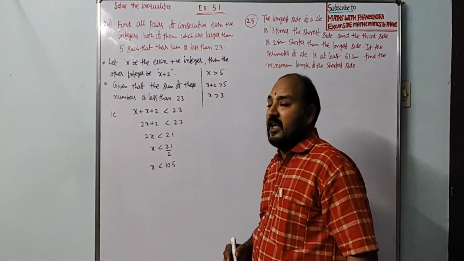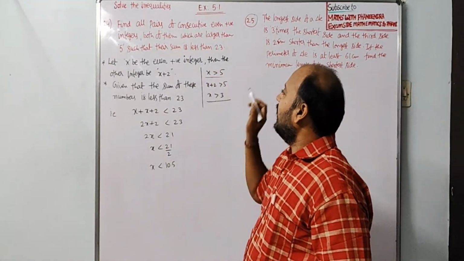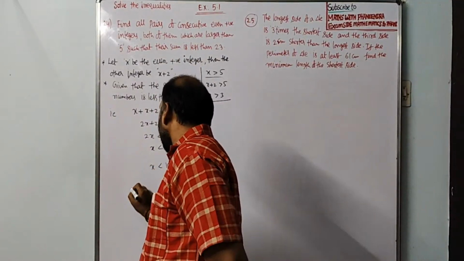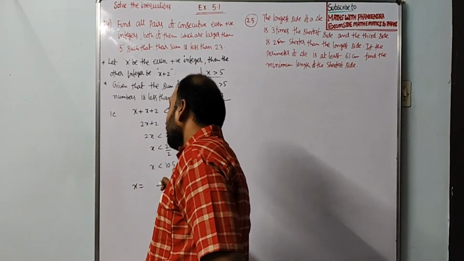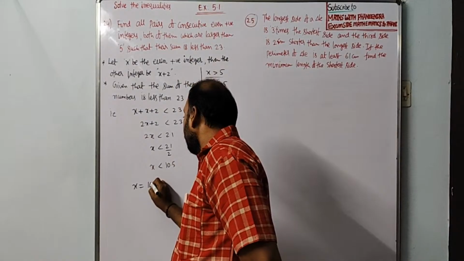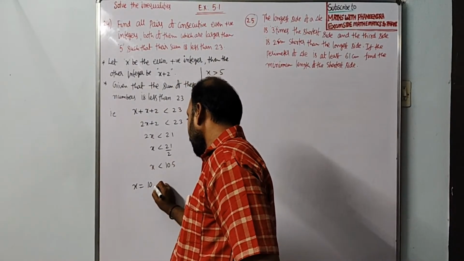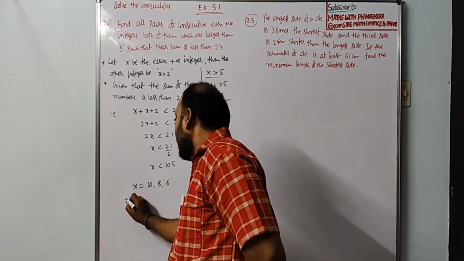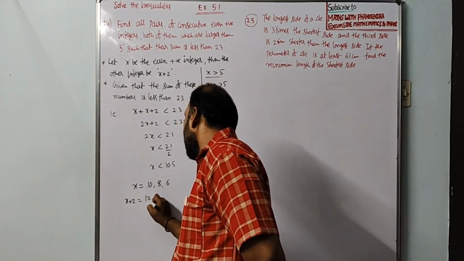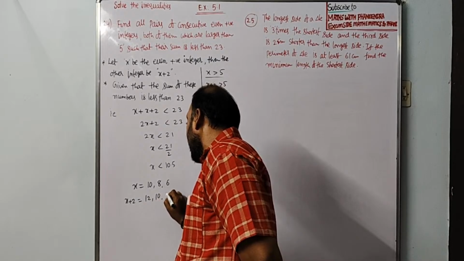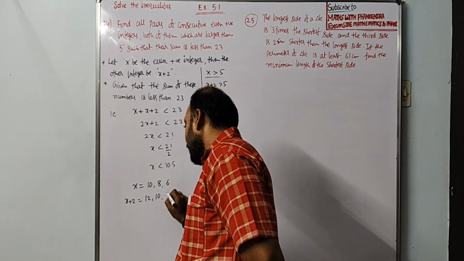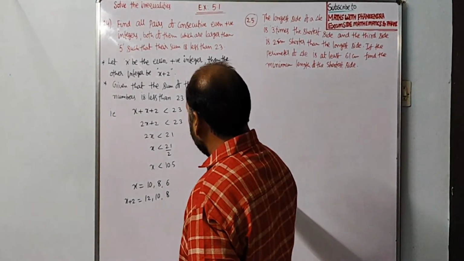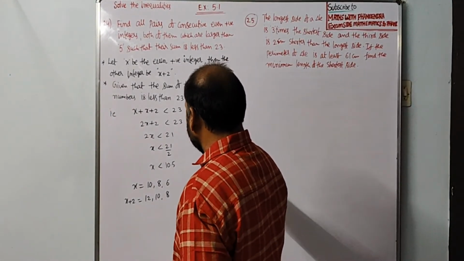What numbers are there? x is greater than 5 and x plus 2 is greater than 5. So we will verify the values before 10.5. 10 will be there now: 10, 8 and 6. What about x plus 2? x plus 2 will become 12, 10 and 8. So is it satisfied that the sum of these numbers is less than 23?